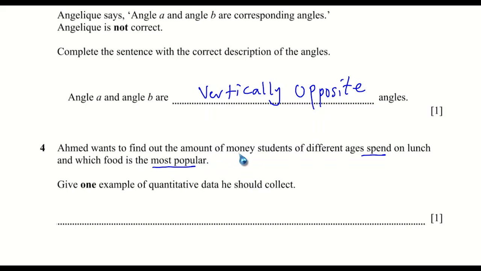So you can collect the data regarding any of these 3. So one thing you could say is the amount of money spent.